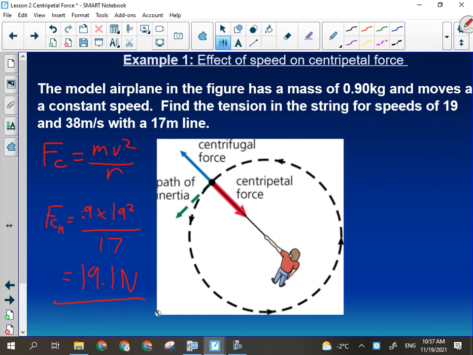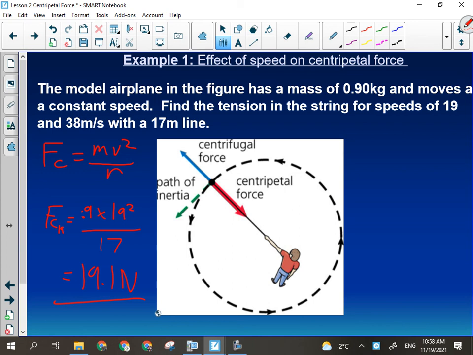Now, here's the thing. We do know force is a vector quantity. And in the last unit, you always had to write which direction it went. If you're solving for FC, the direction is implied. Centripetal force always has the same direction, towards the center of the circle. So unless the question specifically asks for it, the direction is otherwise implied.